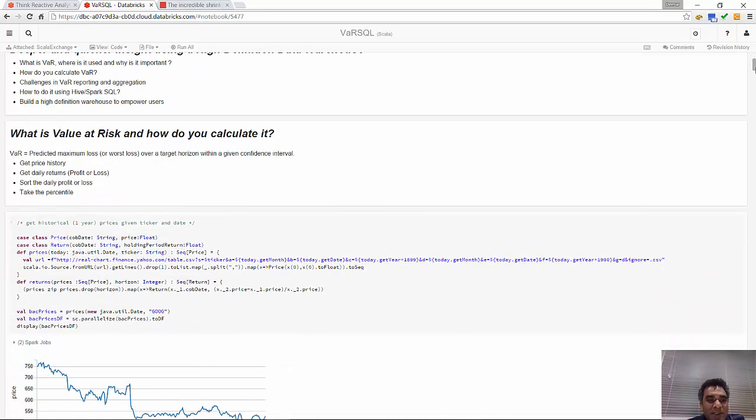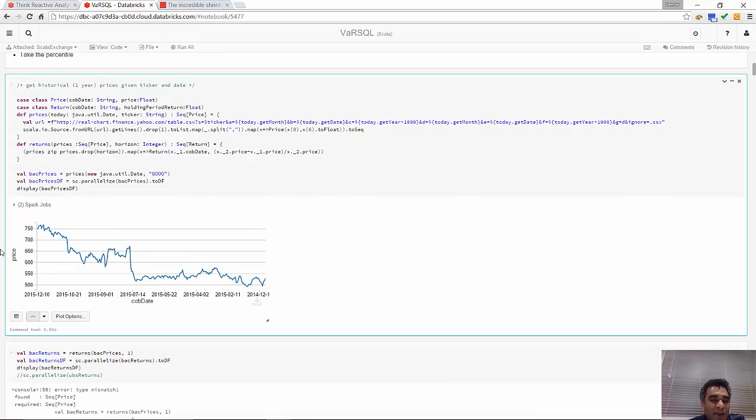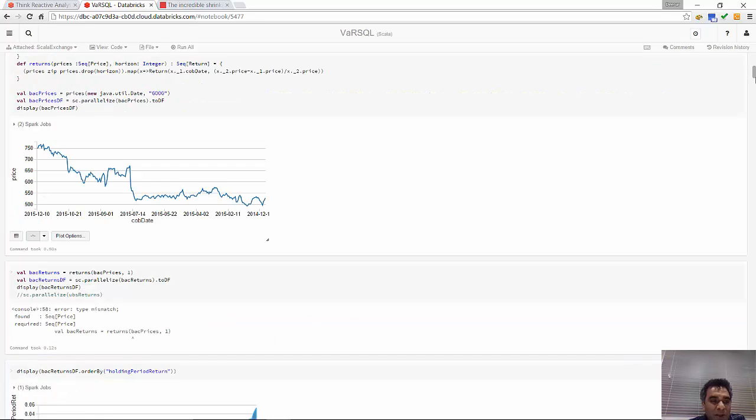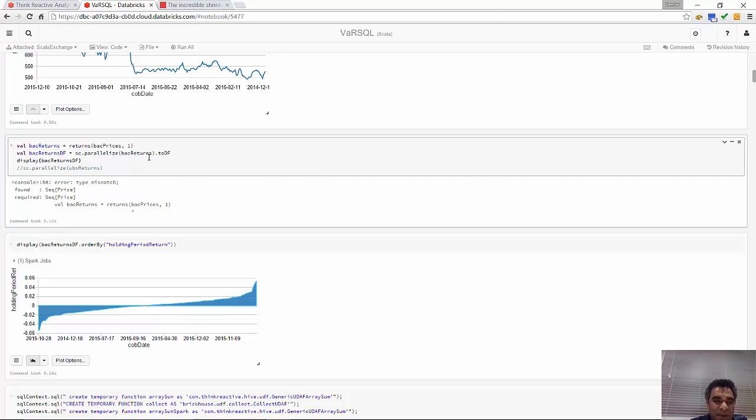For the stocks you have, you get the price history going back in time. Here I'm taking Google, and this is the price history of Google going back a year. Once you get the price history, you need to find the returns, and returns are nothing but the amount of money you lose or gain every day.